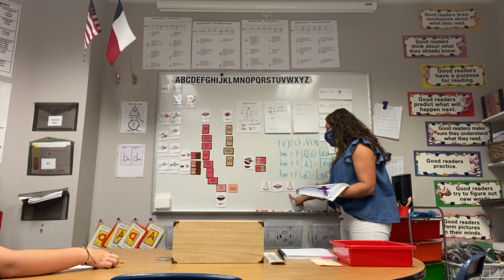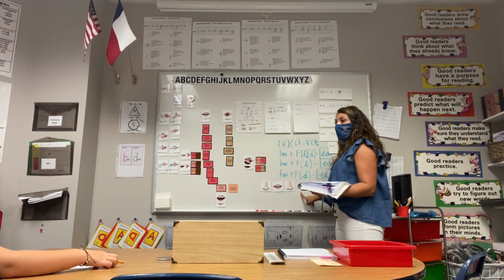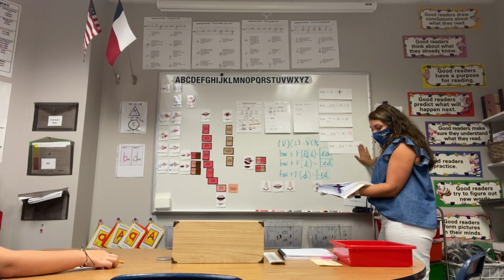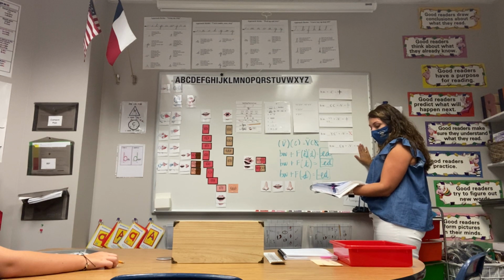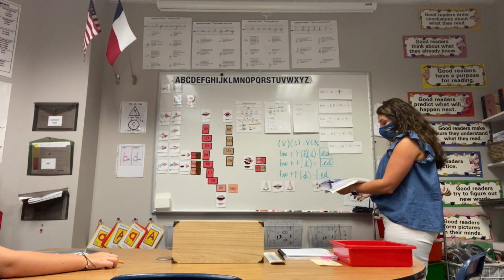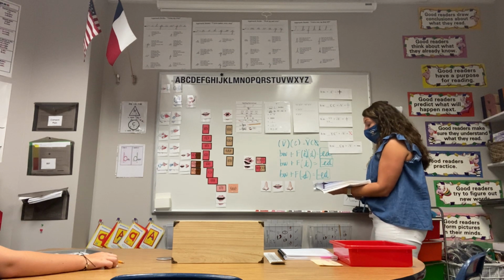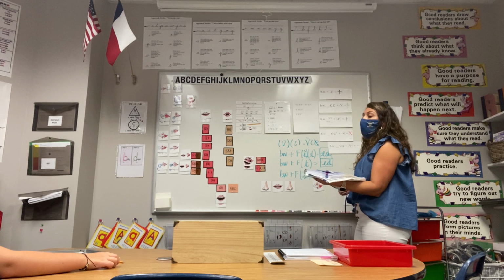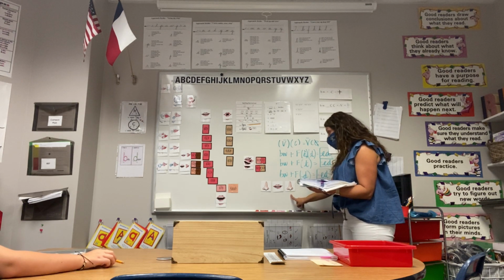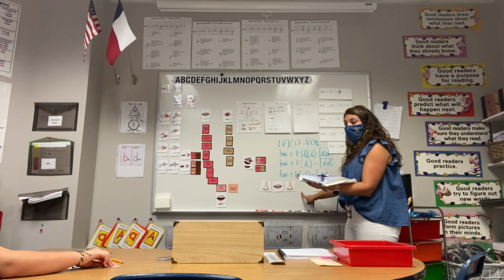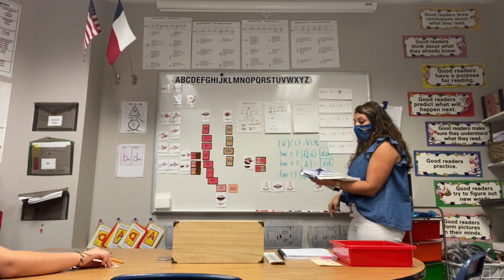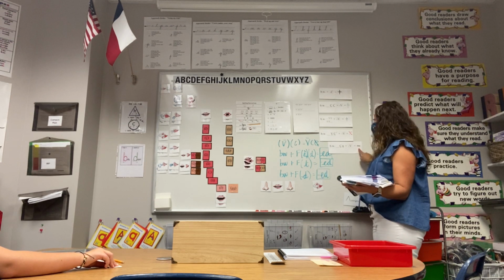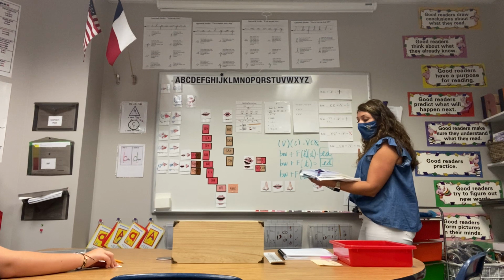Do we have 1 vowel, 1 consonant in the final accented? No. So let's try this rule. If it ends in consonant silent E, we drop the silent E and attach the vowel suffix. So does this word end in consonant silent E? Yes. So we've made our decision. Our decision is going to be to use the dropping rule, right? That's our decision.